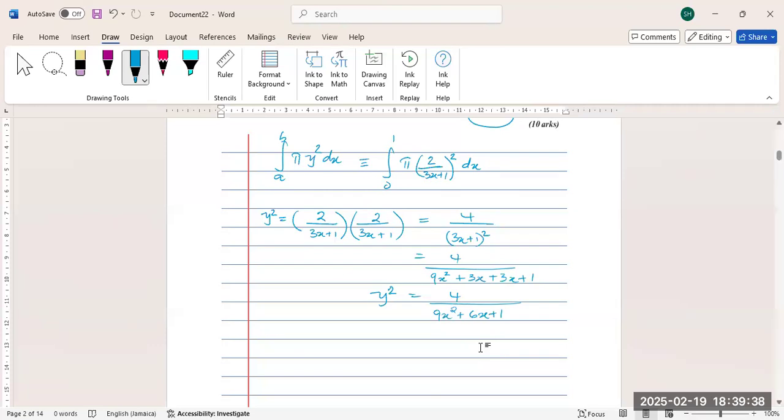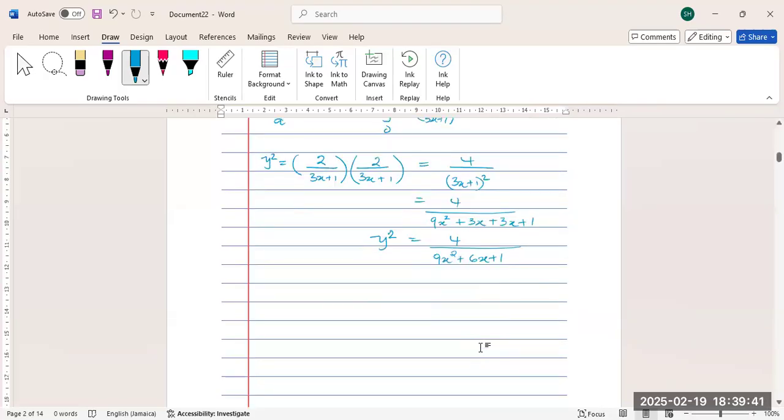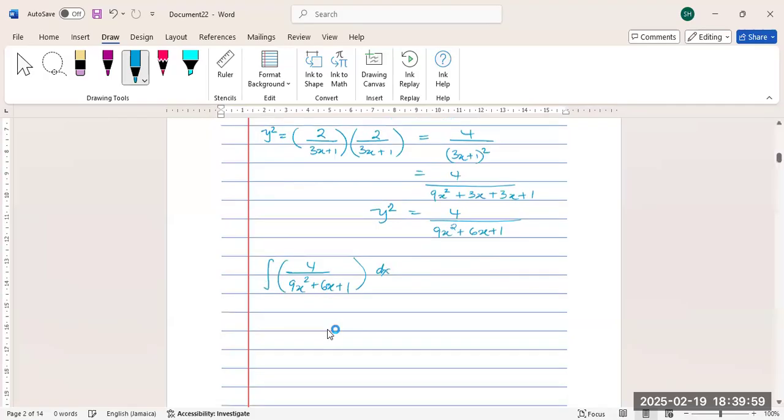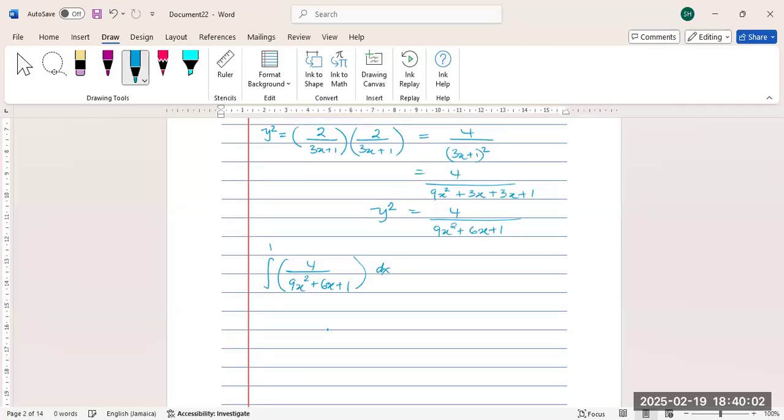And what this works out to be now, let me show you, is the integral of this. This basically is a substitution.